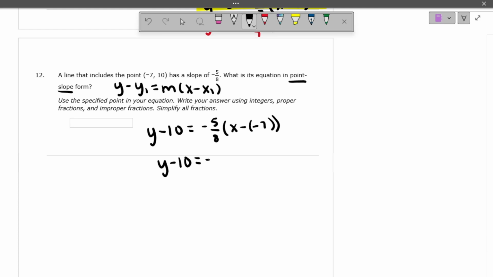So y minus 10 is equal to negative 5 over 8 times x plus 7. Or if you just recall the rule of opposite points here, you would know that this one would be a plus 7. But if not, just be careful with plugging that in, and then you'll see that it'll cancel out. So our answer for number 12 is y minus 10 equals negative 5 over 8 times x plus 7.